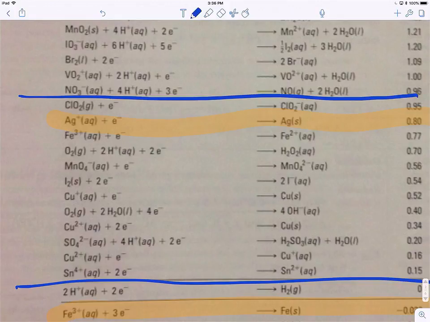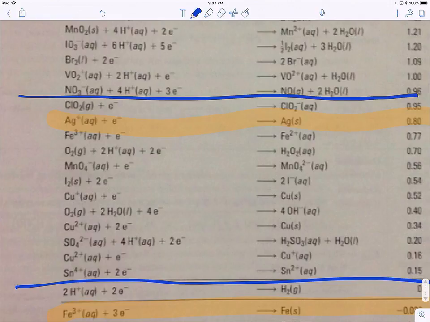So silver and copper will actually dissolve in nitric acid. If you put silver or copper into hydrochloric acid, sulfuric acid, or citric acid, it won't dissolve. It won't react. You throw it into nitric acid though, and it will react.